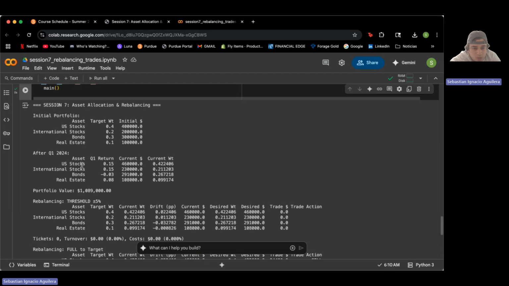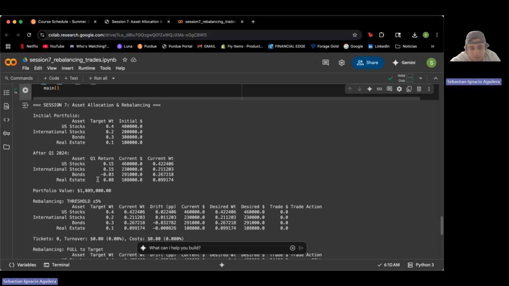So after Q1, US stocks Q1 return was 15%. Now we have 460 grand. The current weight is 42%. For international stocks, the return was 15%. So now we have 230 grand, and the current weight is 21%.